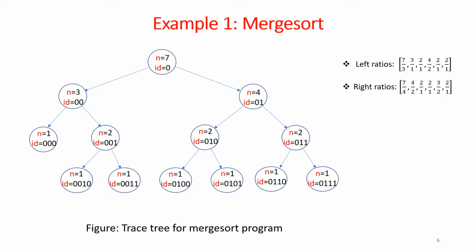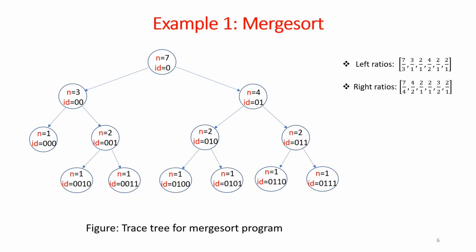The tree on the left shows the execution traces collected by running mergesort on a list of 7 elements. N represents the size of input at the current depth of iteration, and ID represents the unique ID in the tree, which represents the depth of iteration.